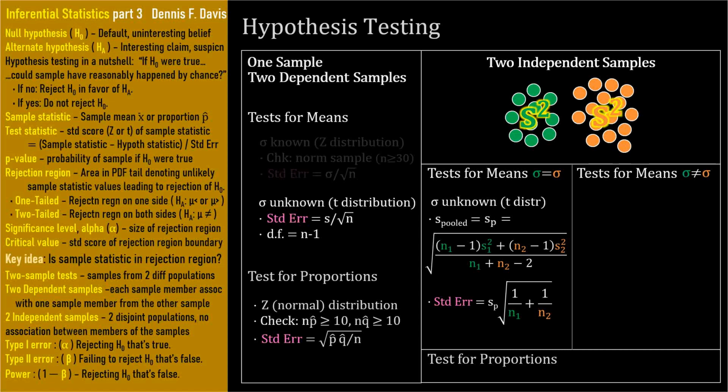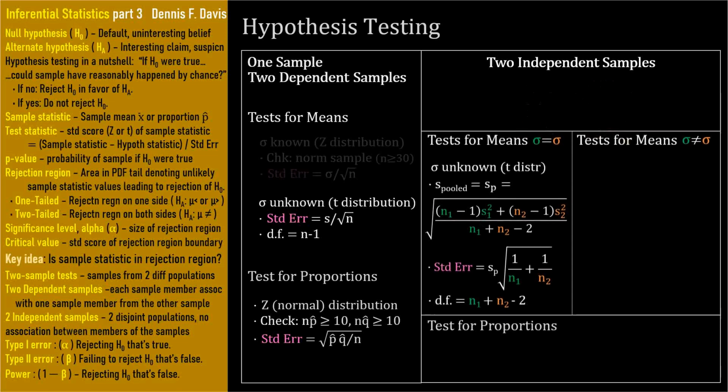The right factor is how we divide by the square root of the sample size. Since there are two samples, there are two sample sizes. We add the reciprocals of the two sample sizes and take the square root. The degrees of freedom is the sum of the degrees of freedom for the two samples, n1 plus n2 minus 2. We'll do examples after we finish the chart.